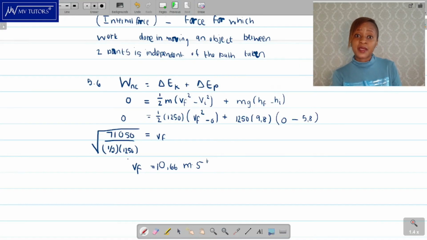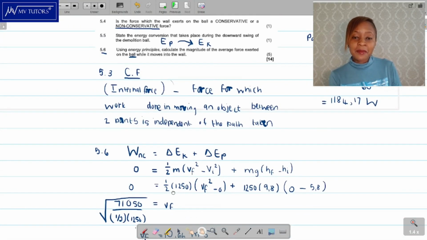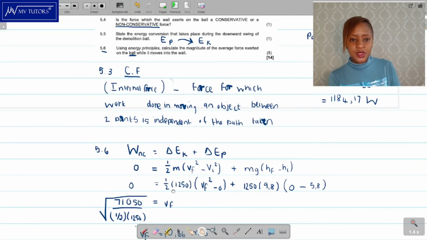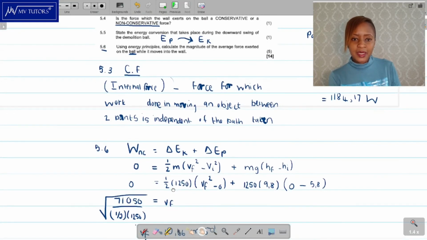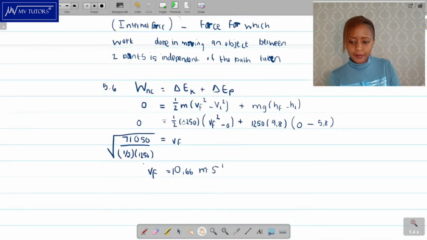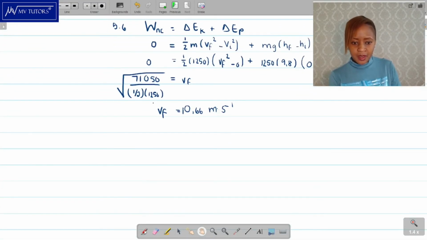The question was for us to calculate the average force, right? Yes, calculate the magnitude of the average force exerted on the ball while it moves into the wall. So again we're getting back to our work equation. The work done will be your average force times distance and cos theta. That is your normal equation.